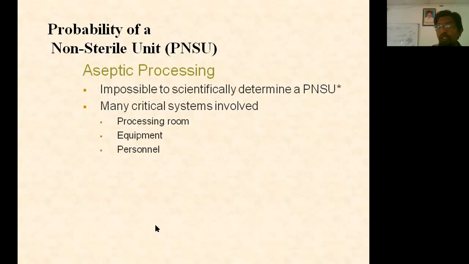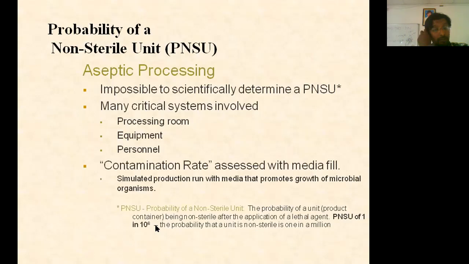But in aseptic processing, it's difficult to measure the probability of non-sterile units. So which was better, aseptic processing or terminal sterilization? Aseptic processing, right? Many critical systems are involved, like processing rooms, equipment, personnel, and everything in aseptic processing. Contamination rate is assessed with the media fill.